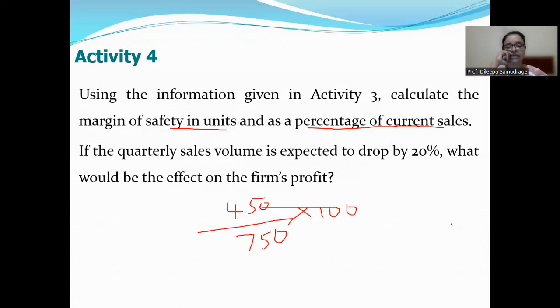If the quarterly sales volume is expected to drop by 20%, what would be the effect on the firm's profit? If sales volume decreases by 20%, right? So what will happen to your profit? What is the effect to your profit?